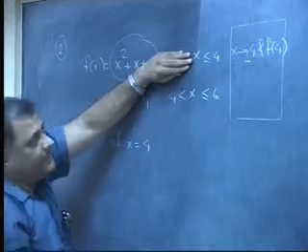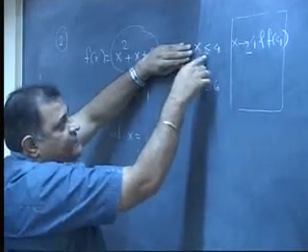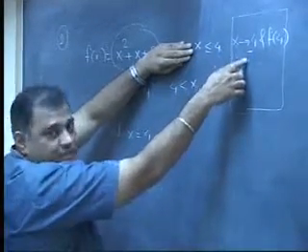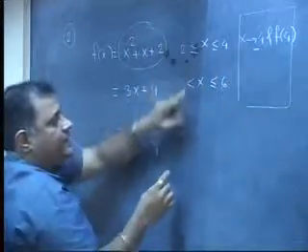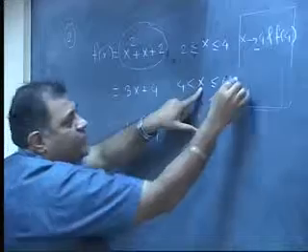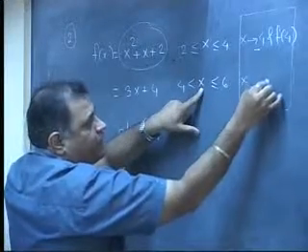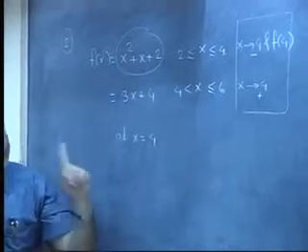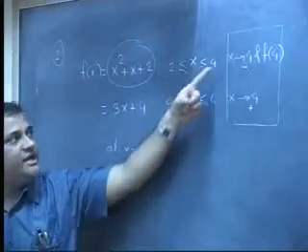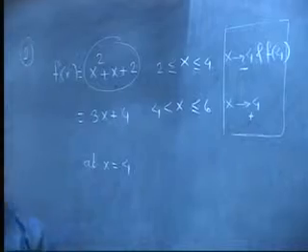Am I clear? Here x is greater than 4, so x tends to 4 from the positive side.